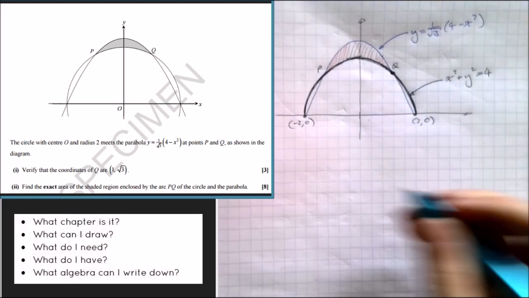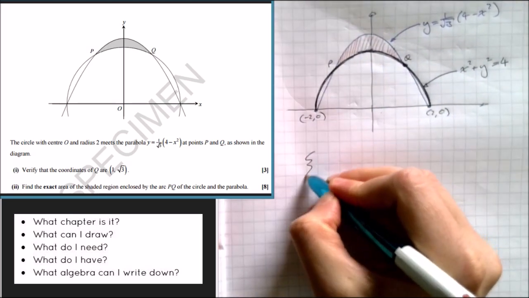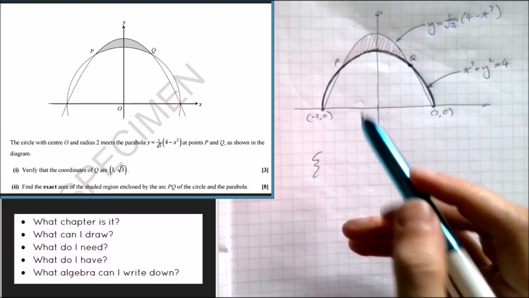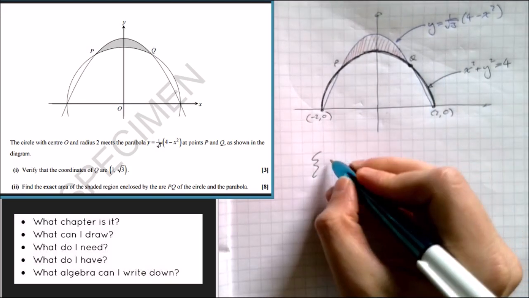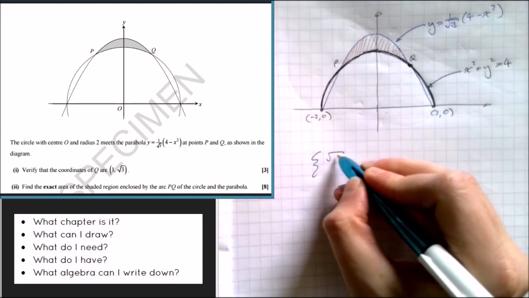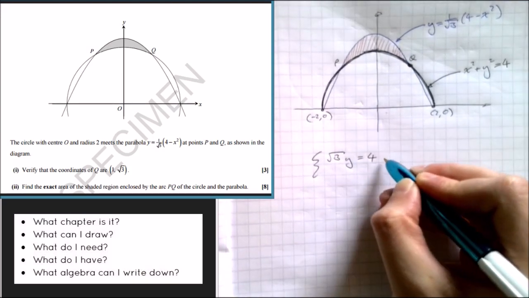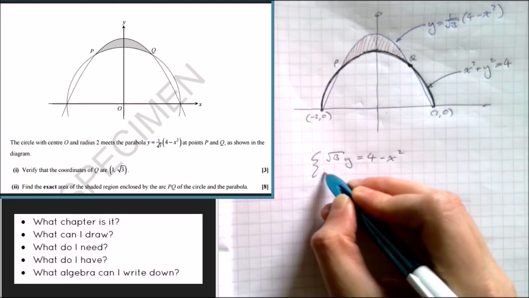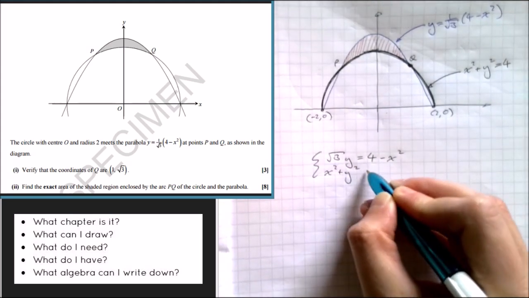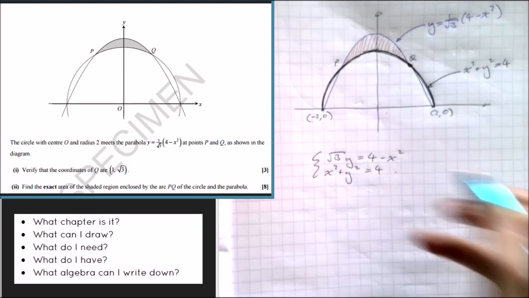I want to solve both of these at the same time, and that would actually get me both P and Q. I'm just going to take that root 3 over there. I'm going to times both sides of that by root 3. That looks like it might be nicer. And x squared add y squared equals 4.